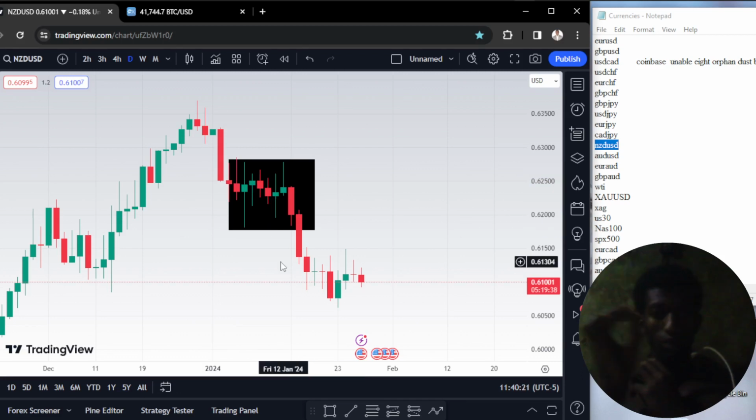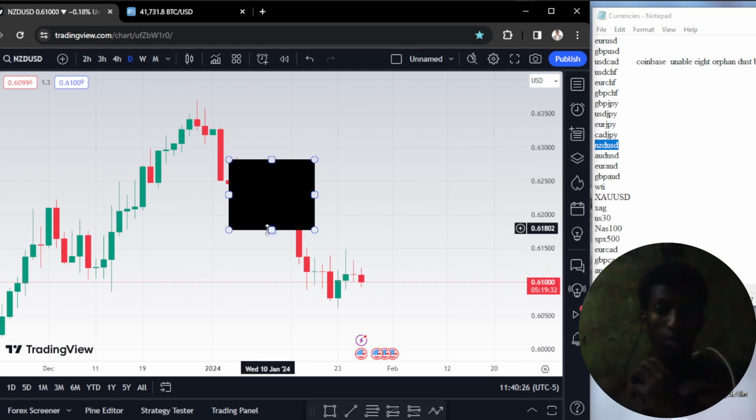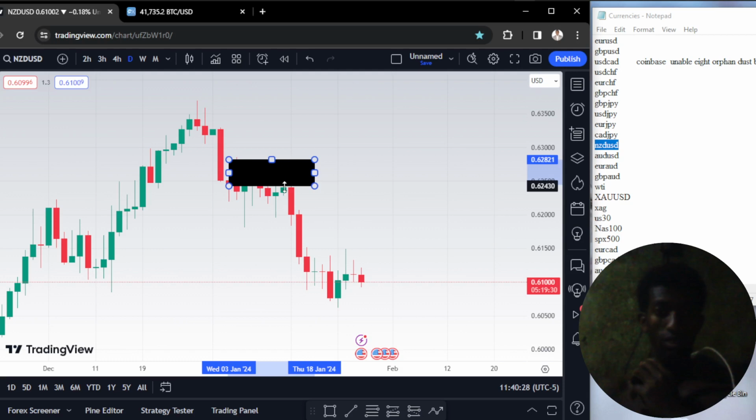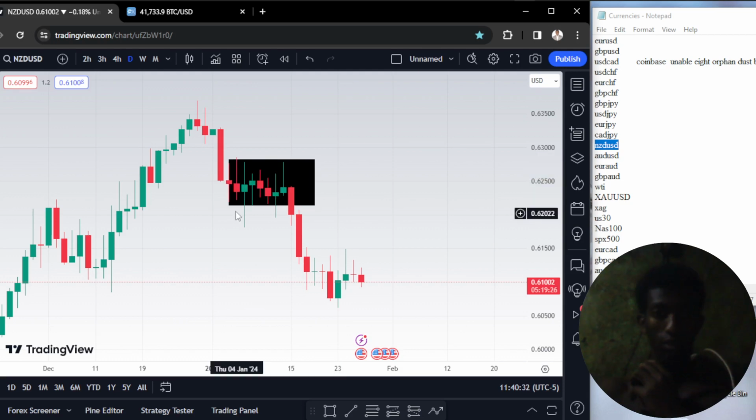You have to find equal highs, even if it is a wick or even if it is a body. You have to find equal highs, not this one. You have to do it like this. This is the equal lows, right? One single red candle, bullish candle, green candle, another red candle, then it broke out. That is where you enter the sale.